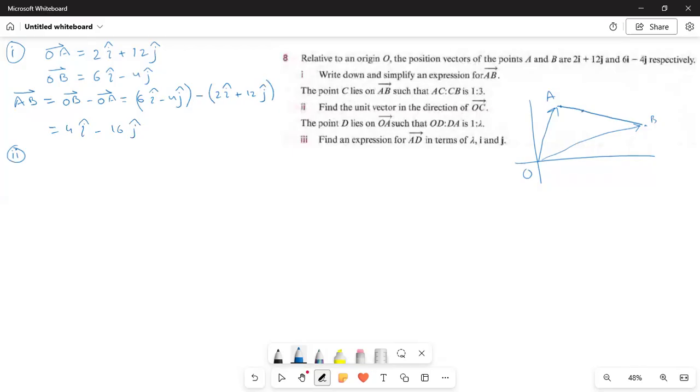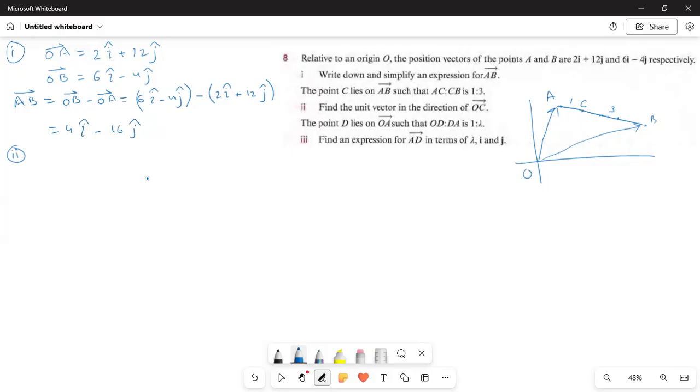Sorry, I made a mistake. I need to divide the line into 4 sections, so this is 1 and this is 3. AC is 1 and CB is 3. Now we find the OC vector.